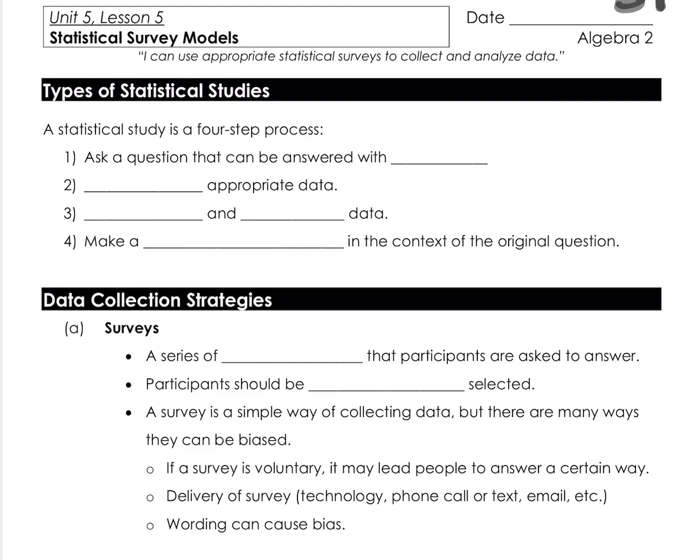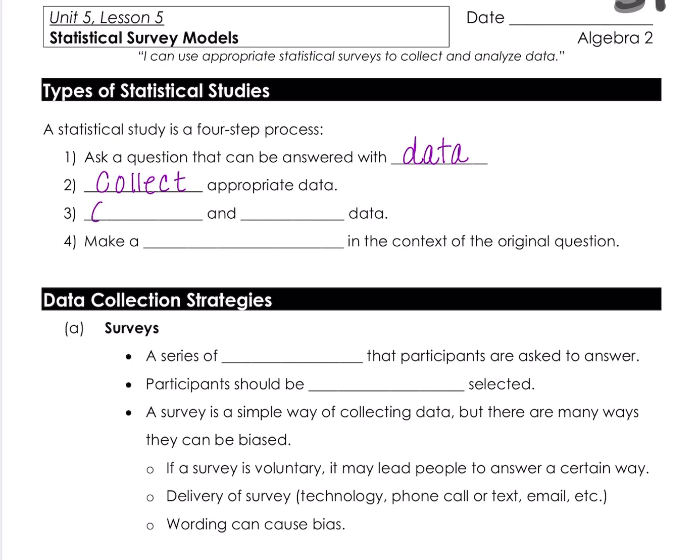A statistical study is a 4-step process. Step 1 is to ask a question that can be answered with data. Not open-ended questions necessarily, something that you can collect as a piece of data. Step 2 is to collect that appropriate data. Whatever it is that might be the answer to your question, you're going to collect the data.